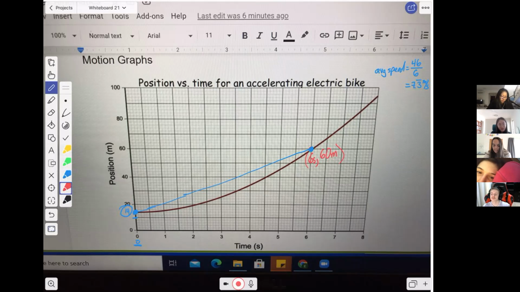Okay, so the magnitude of the displacement is the same as the magnitude of the distance because it's always going positive, right? So how is my average velocity going to be different from my average speed? Or is it?